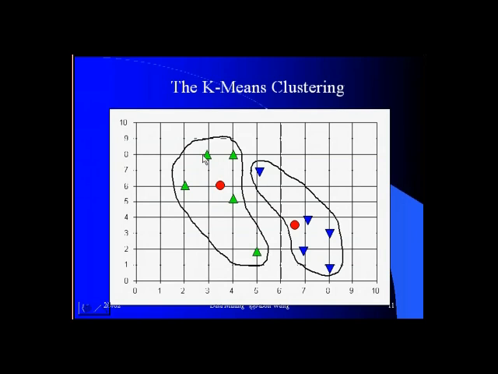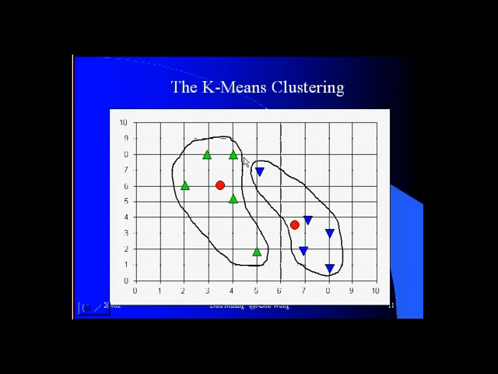So this object should be assigned to the cluster which has this center. So that object will just be reassigned to the same cluster. Similarly, you look at this object. Between this center and this center, which is closest? Again, this center, right? So this object in fact remains in the same cluster with this center.